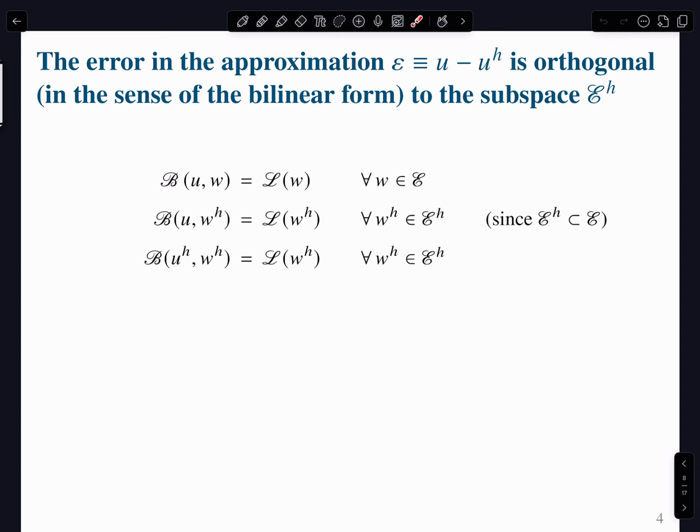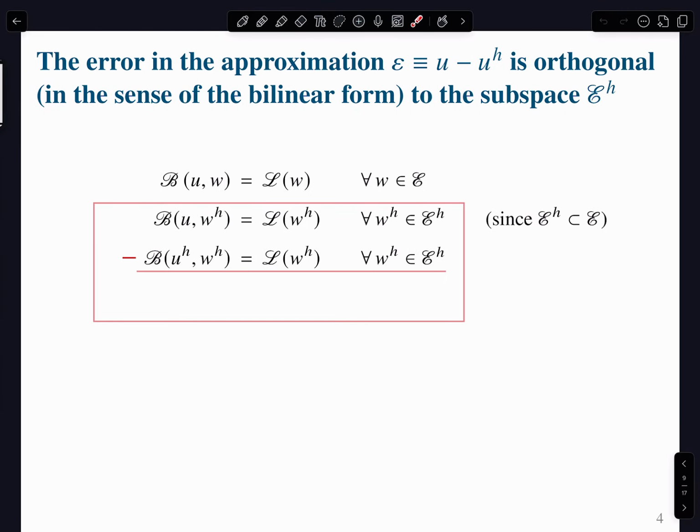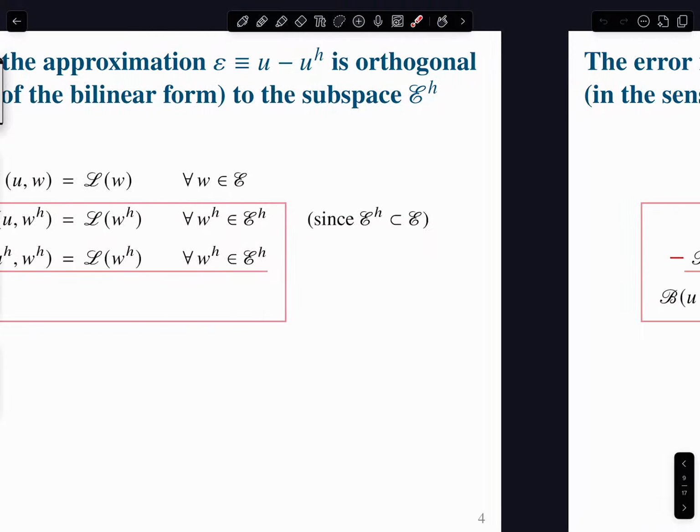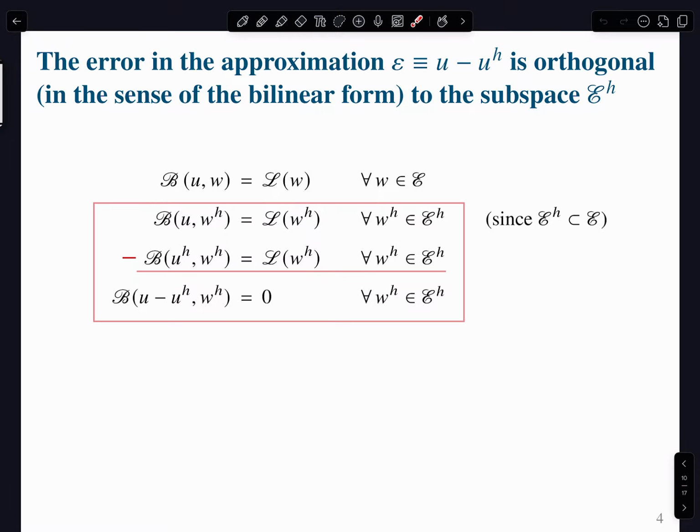And now I'm going to write the Galerkin projection for which I have these two functions UH and WH. So I'm going to take these last two equations and I'm going to subtract them. The moment I do that, I get basically that the left-hand side can be written B of U minus UH, comma WH, and of course the right-hand side is the same.